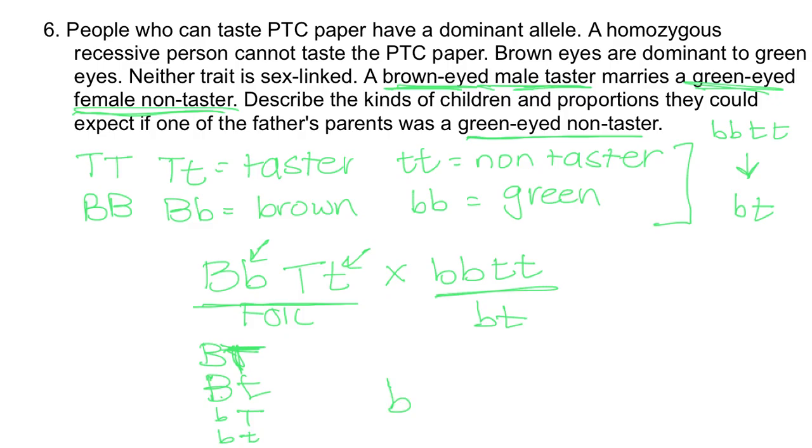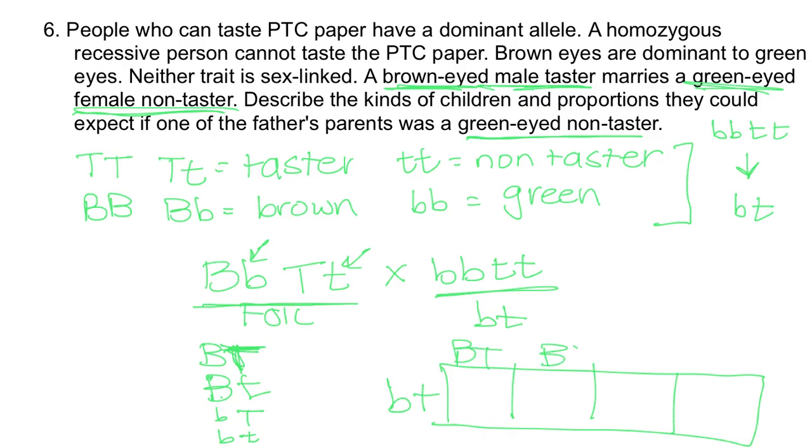So when we do this cross, here's the mom, and I'll put the dad across the top with his alleles: big B, big T, big B, little t, little b, big T, and little b, little t. So let's do this cross. We get heterozygous for both.